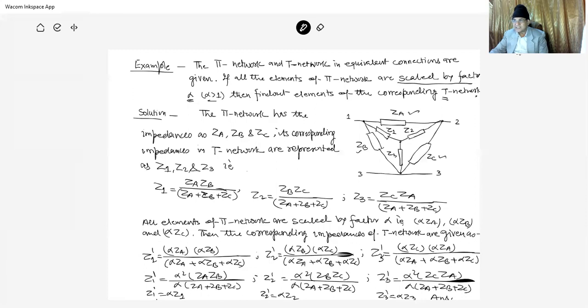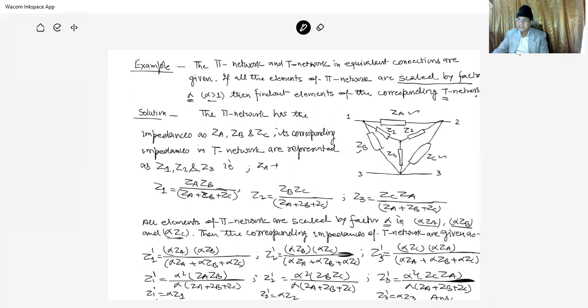Now the given factor is for all elements of the pi network. All elements of pi are scaled by a factor alpha. That is alpha ZA, alpha ZB, and alpha ZC. So what does the given statement mean?